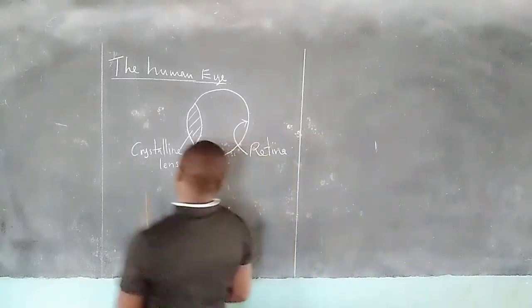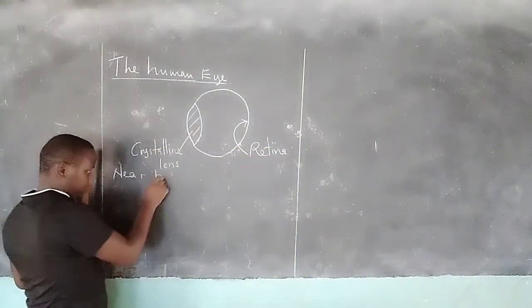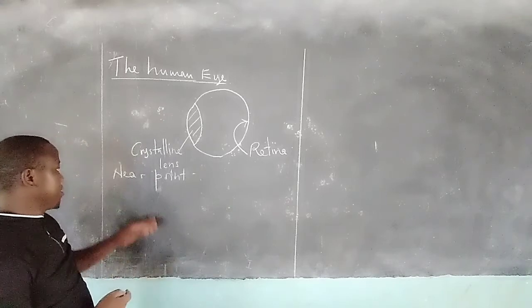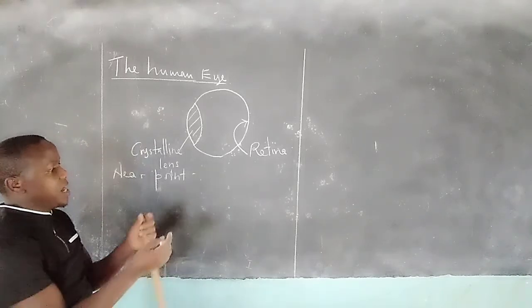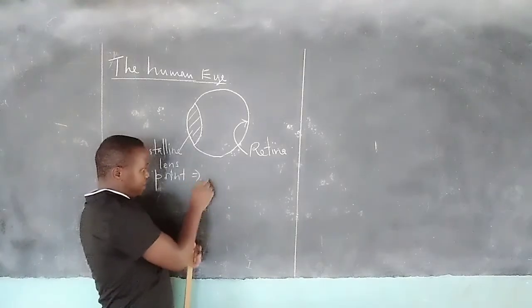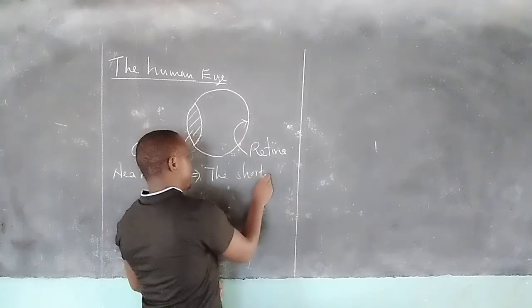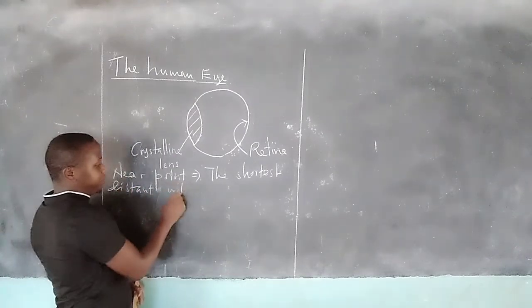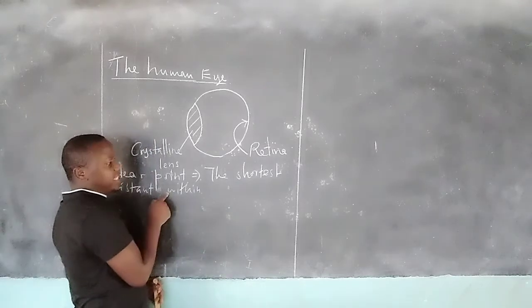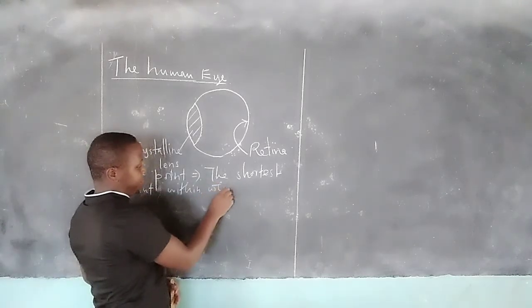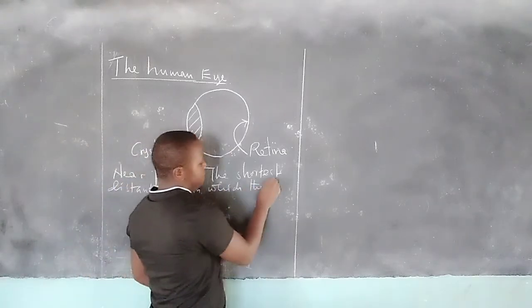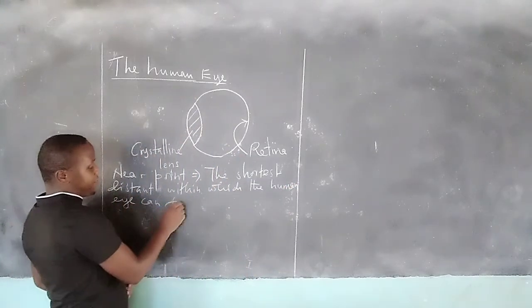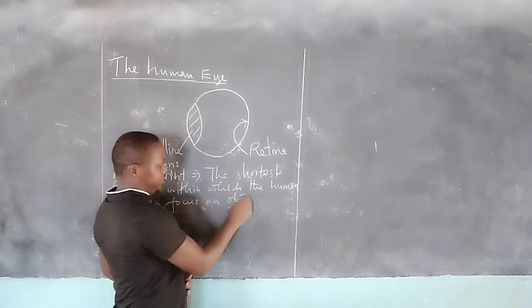There is what we call the near point. The near point is the shortest distance within which a normal human eye can focus an object clearly.